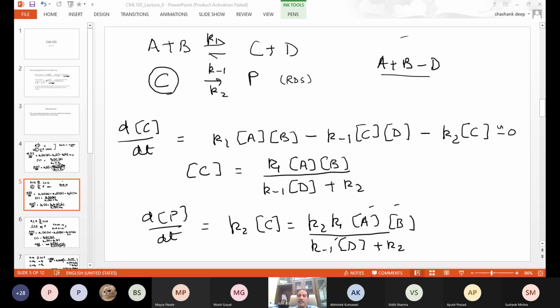Most of the reactions, I will not say all the reactions, but most of the reactions have one rate determining step, which is the slowest step. And the rate of reaction depends on that slowest step. So getting that slow step is very important. So what will be the composition of that step? That's what we are discussing.